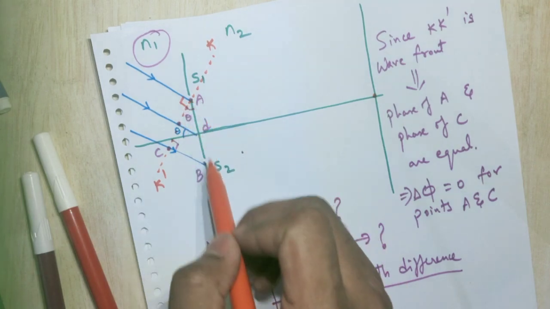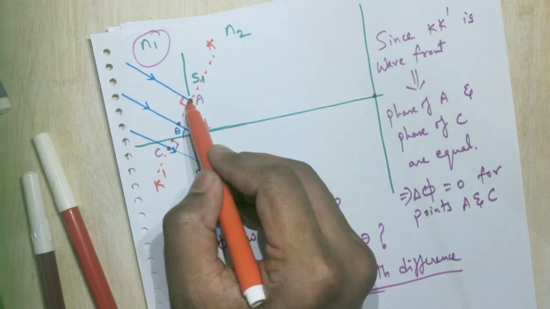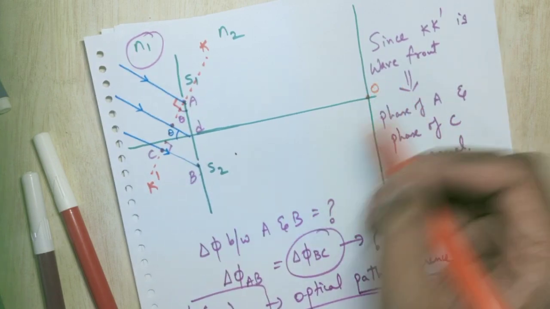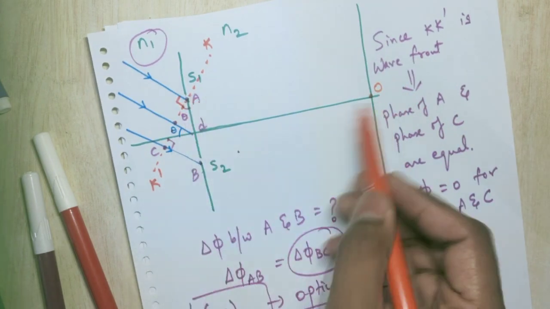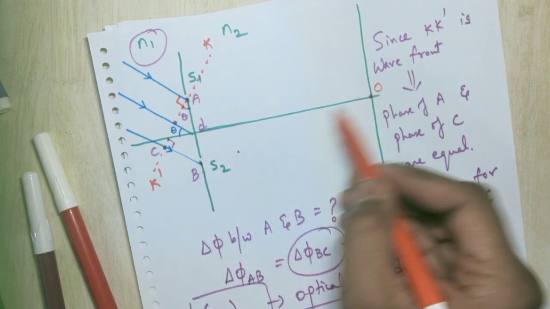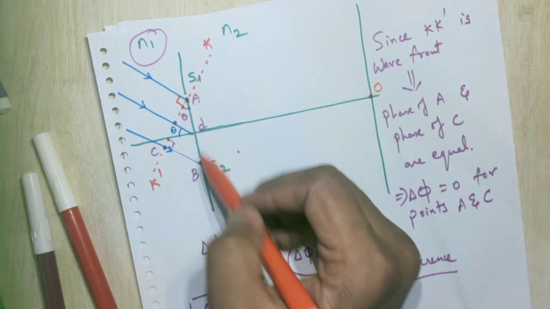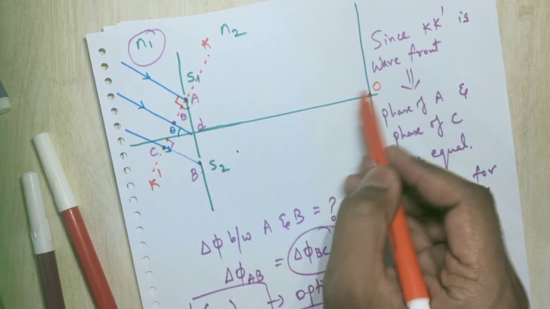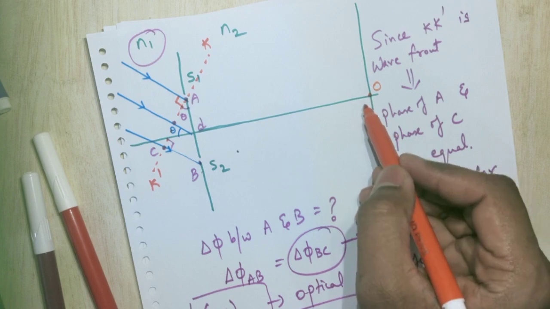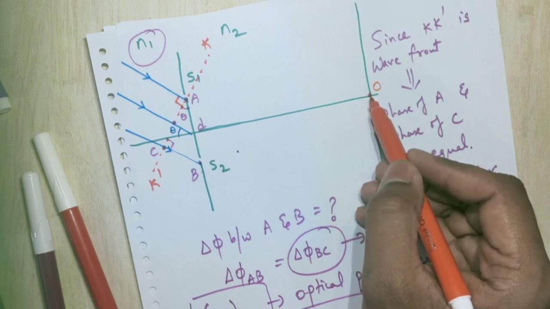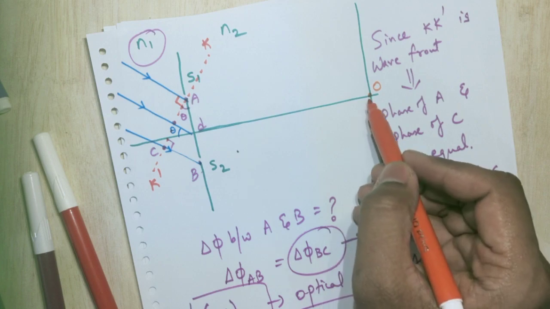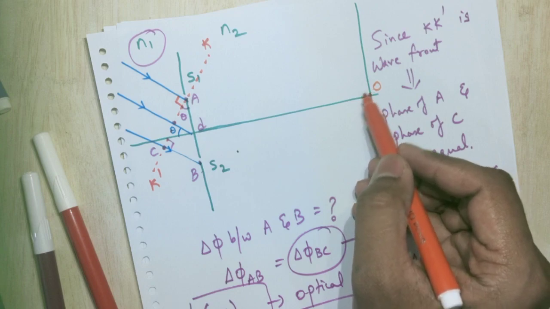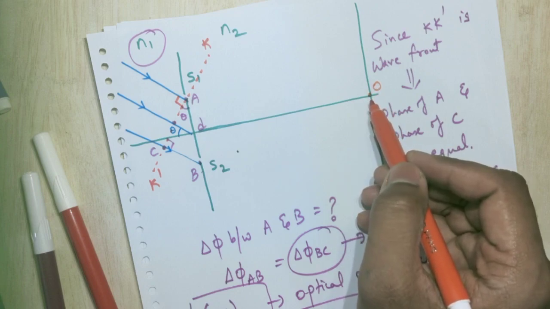Because initially there is no phase difference, and if you join these two points, this is O. If you join S1O and S2O, they also have equal path length. So initially there is no phase difference, and S1O and S2O are equal, so at this point also there will be no phase difference between the interfering waves. Since there is no phase difference, the amplitudes of the waves will add, and the maxima is formed at the center.